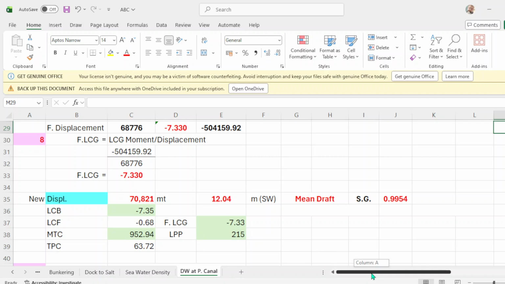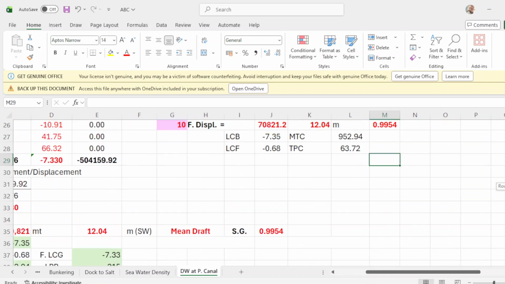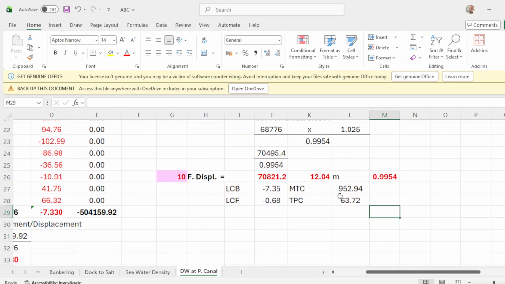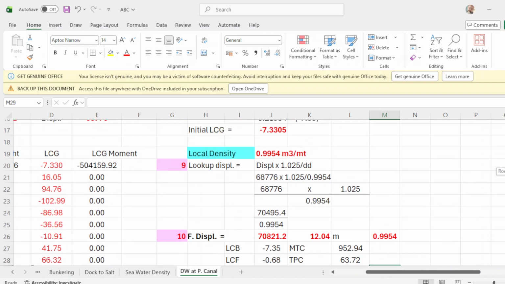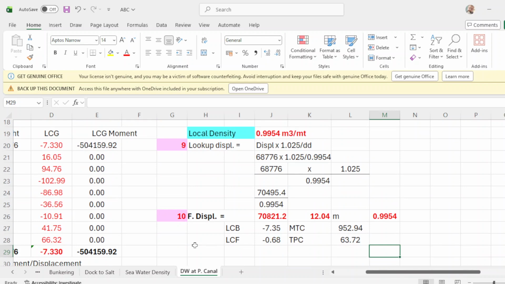From lookup by this lookup density, which is this one, and then your displacement will be this one, and your mean draft will be 12.04 at the density of 0.9954, which is lookup, okay?